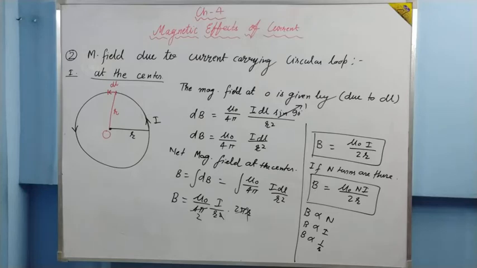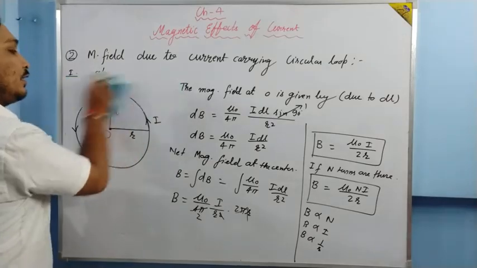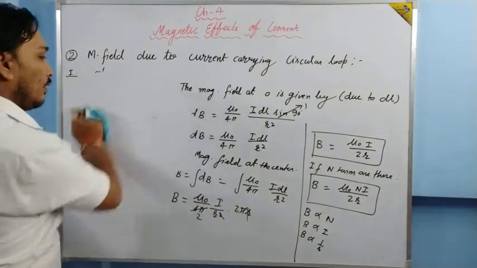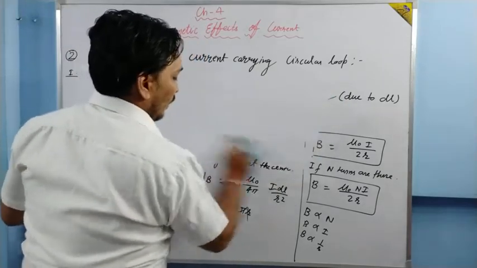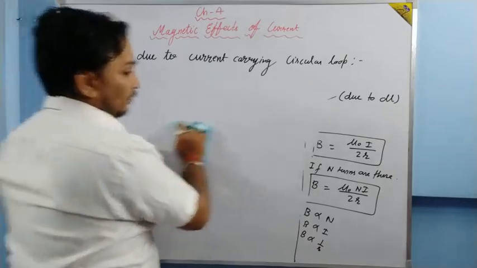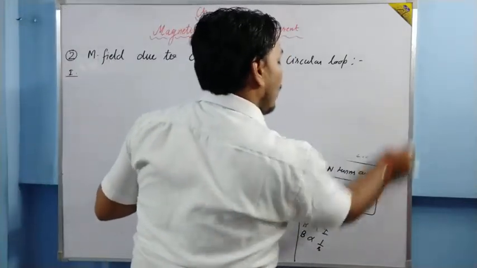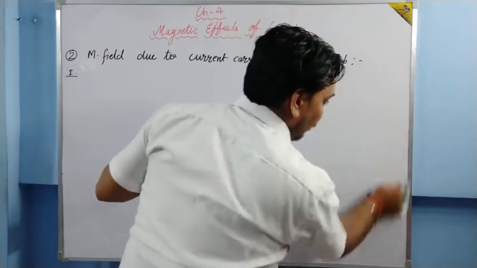Now let us move ahead. Let us calculate the second one, and the second one is the magnetic field at the axial point.